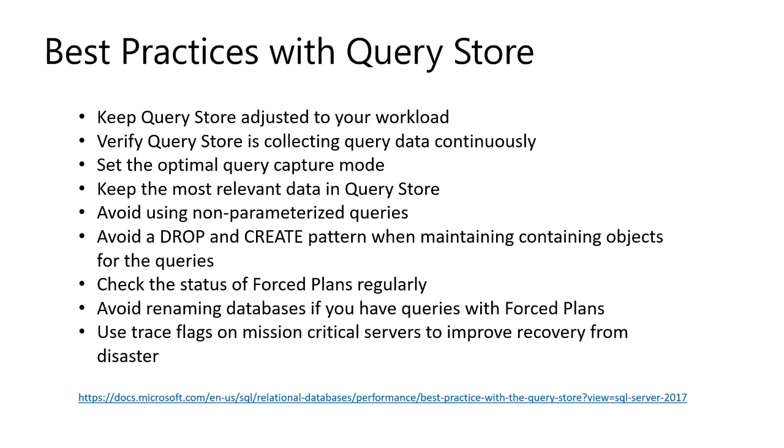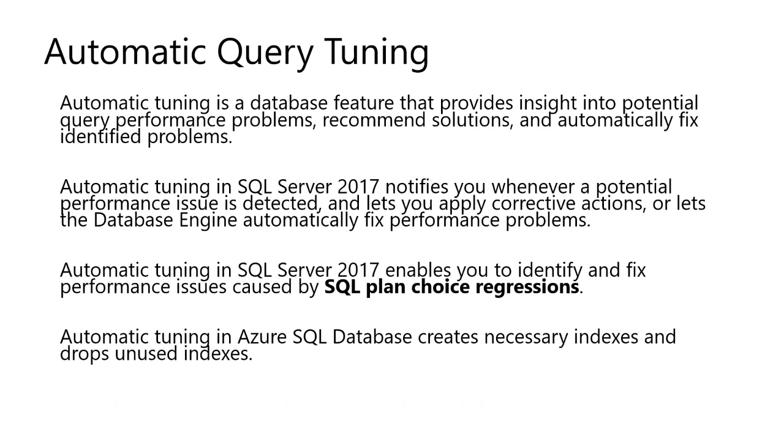So it will allow you to capture all this information, and then you as a DBA can manually force to use a previous plan. That's great, but let's assume this scenario. We have a process that runs every night, and one particular day we start seeing a regression, right, at 3 a.m. in the morning, right?